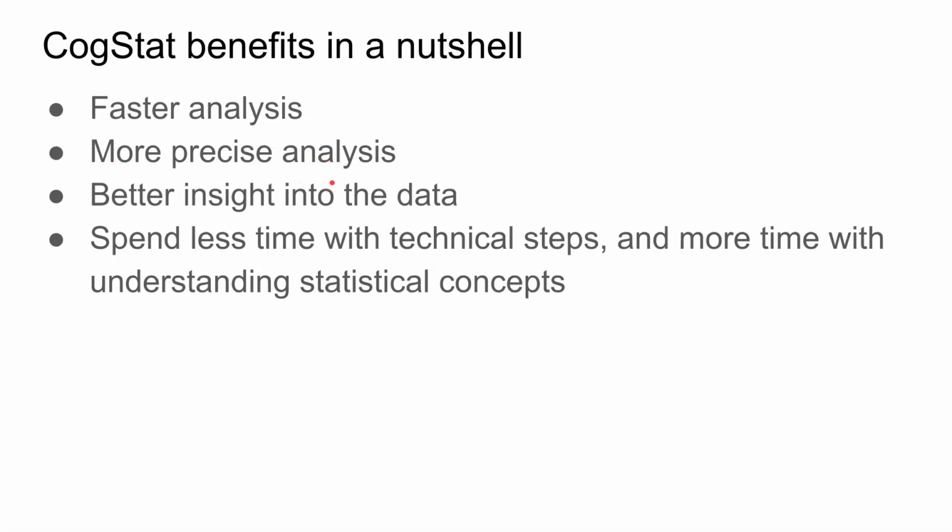And it is more precise in the sense that, honestly, let me just give you one example. A lot of people are not checking assumptions for a lot of hypothesis tests. I didn't do that before Cogstat.